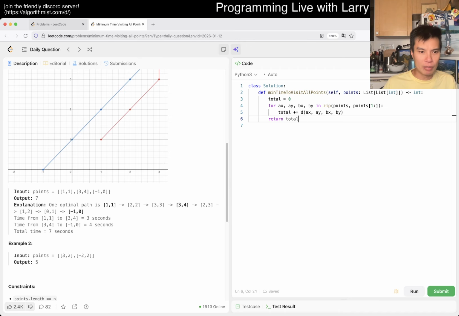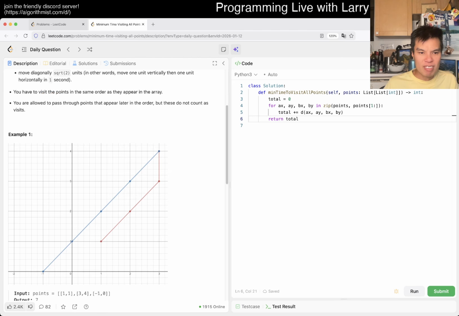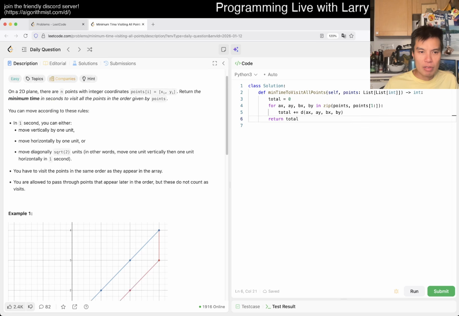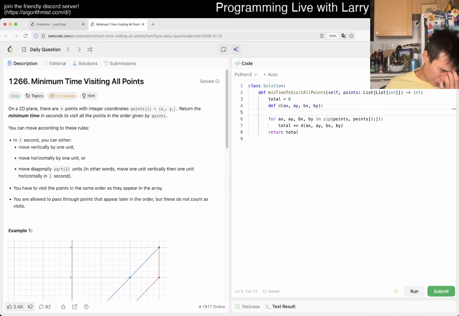You can move vertically, horizontally, diagonally. In that case, that's just the max, not min, sorry, max of the deltas, right? Something like that.